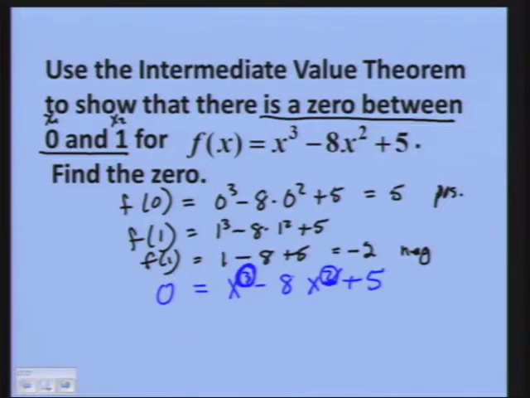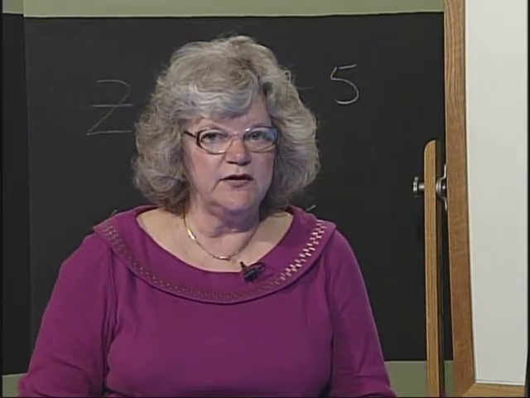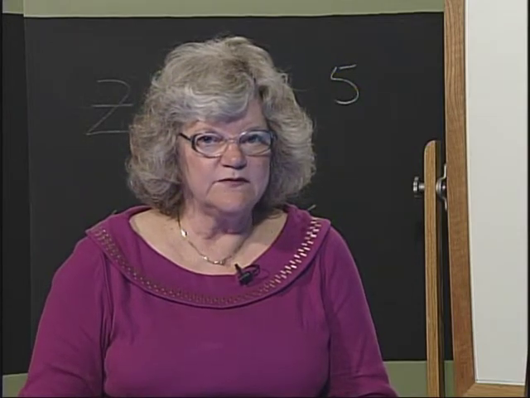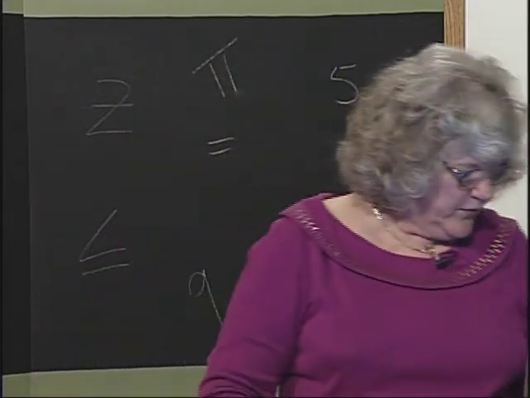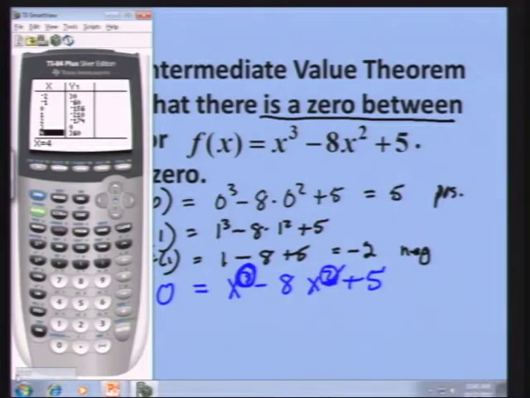You know what? I think we're kind of stuck with what we've got unless we think about going to the calculator and let the calculator help us out. I think that's what we'll do. So moving over to our calculator, we're going to put in our equation on the y equals screen.